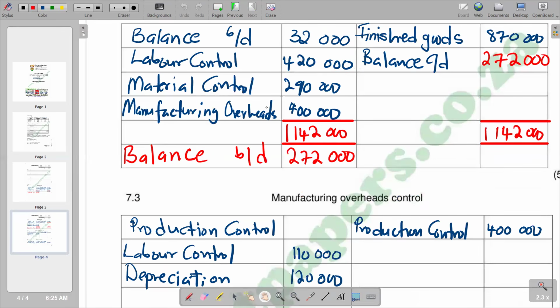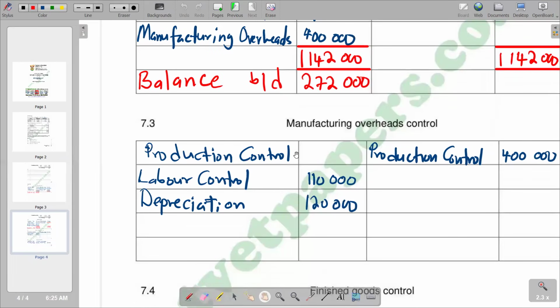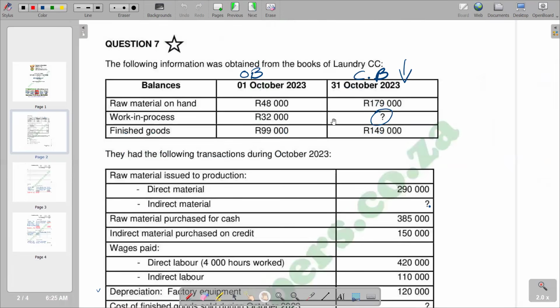So it means the one for manufacturing overheads, which is coming from material control, is 140,000. So we can just transfer this 140,000, which was supposed to be credited to raw materials control, and then we debit manufacturing overheads. If you refer back, you'd see that this is the figure that we are talking about, indirect material, which is given as a question mark.